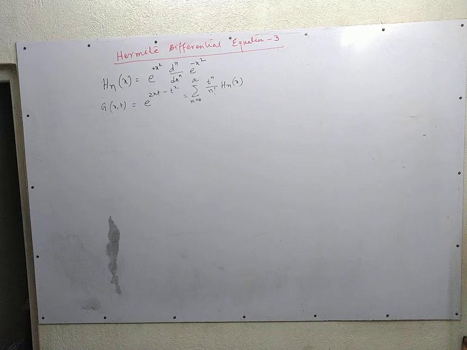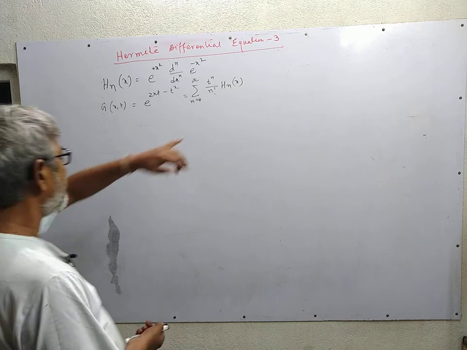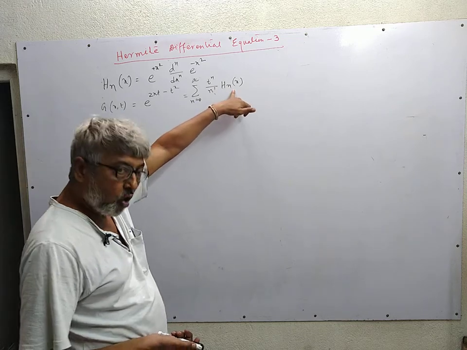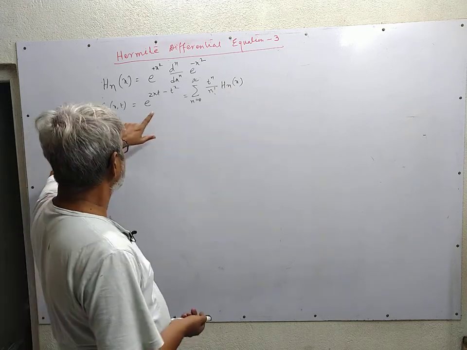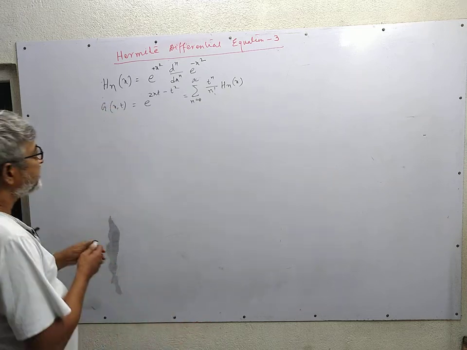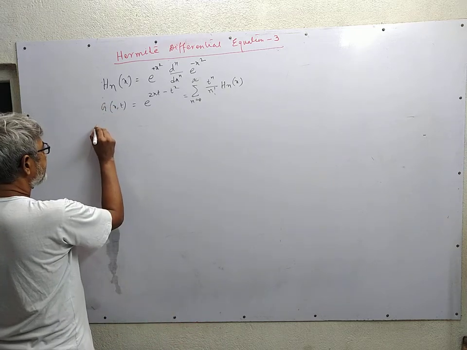Now we need to find out the recurrence relation, that is the relation between the Hermite polynomials of different orders from this equation. We differentiate this partially with respect to t.